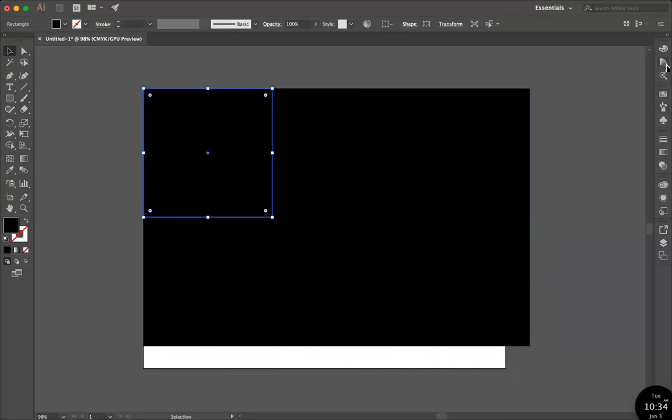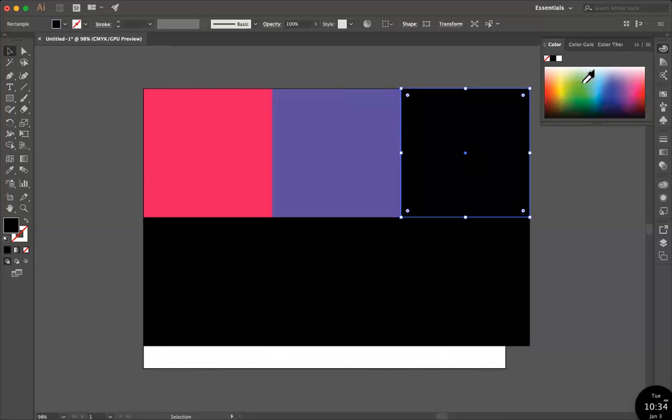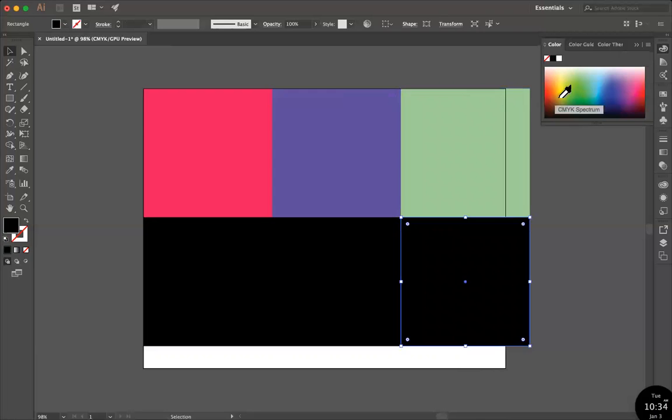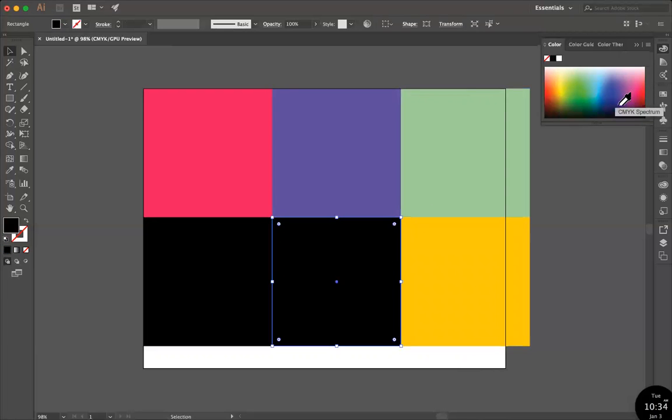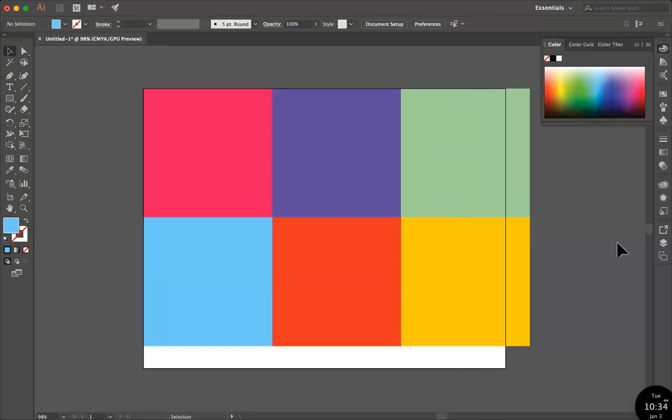And now I go into my color panel, and I just grab some colors. Now, none of those colors really particularly jump out. You know, they're just kind of there. They're not bad. They're there and they're fine. But none of them are really the one that draws my attention, right?